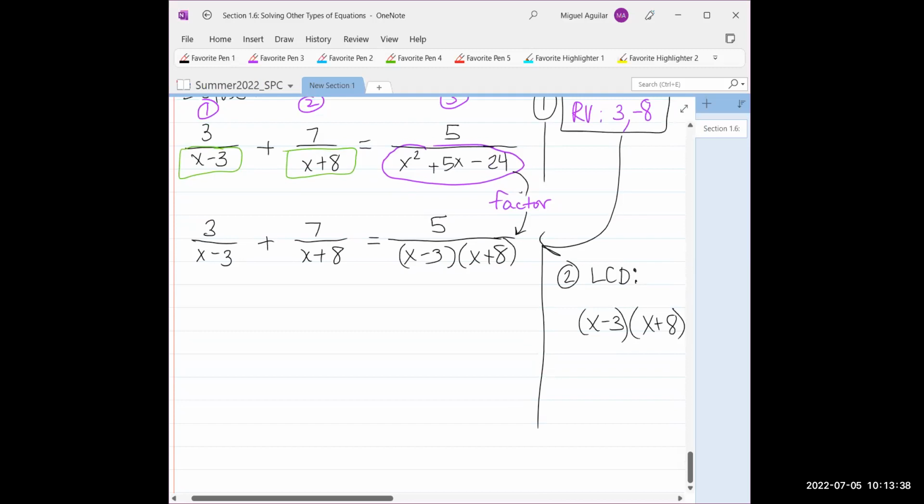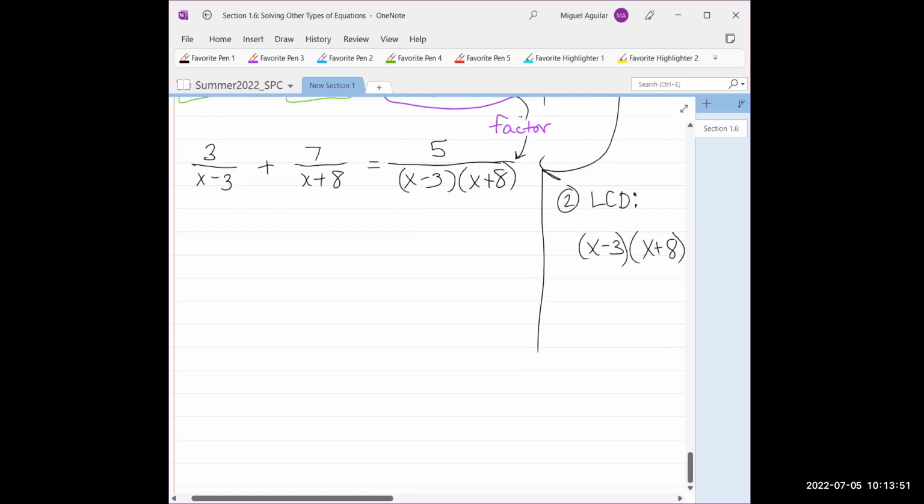What I'm doing is going through the same steps that we did for the last problem. We identify the restricted values. Sometimes that's more complicated than it was in the last problem. The second step is to find the LCD, and I'm trying to get you to identify that the LCD is made up of the denominators that you have there, just multiplied together.